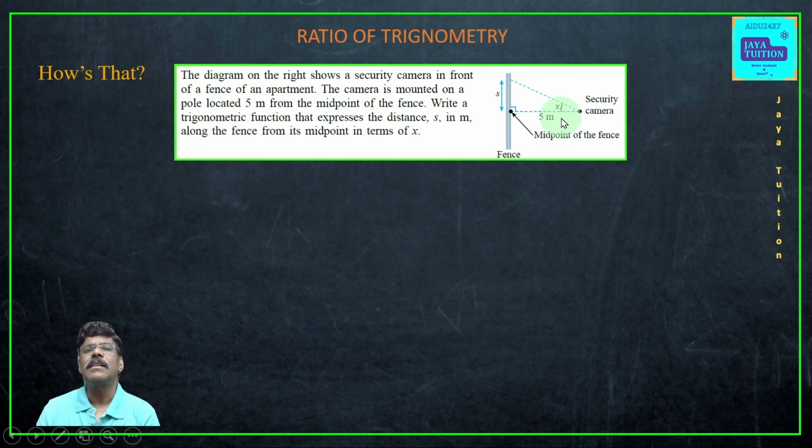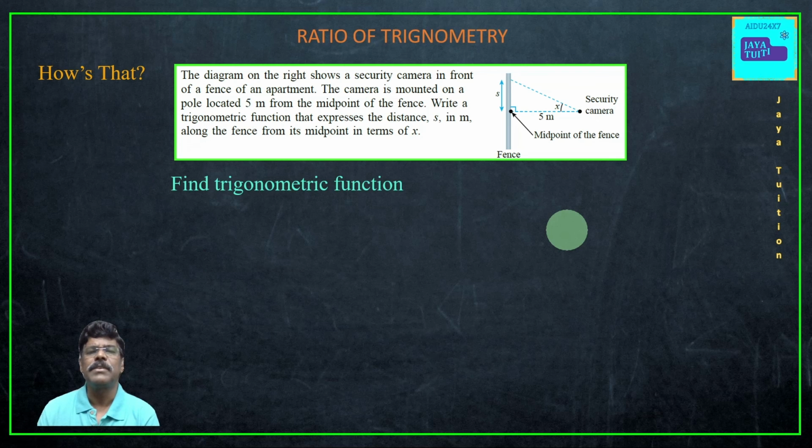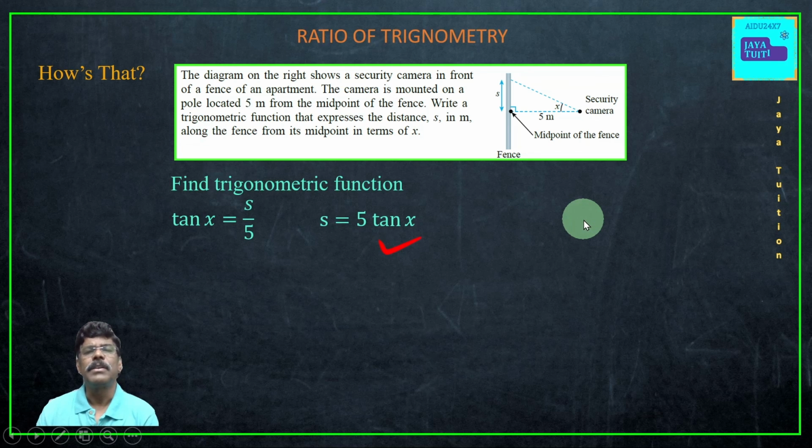So we can directly take the fact that tan of x is equal to opposite side upon adjacent side. So we can write using the trigonometric function, tan of x is equal to s divided by 5, or s is equal to 5 tan of x. So that is the trigonometric function.